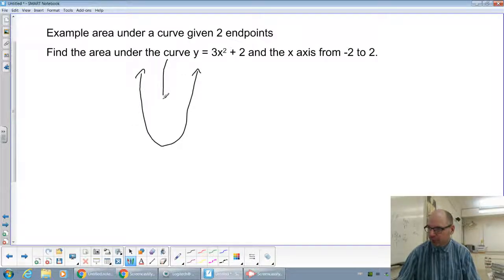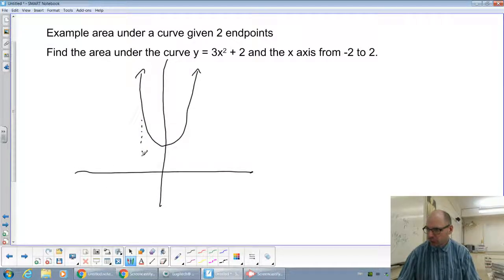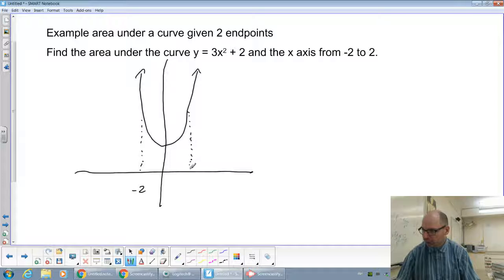And then we want -2 is here. +2 is there. So if you can't sketch it out, or you're a poor grapher and you don't like quadratics and stuff, you can always get that Desmos out that we used last time.